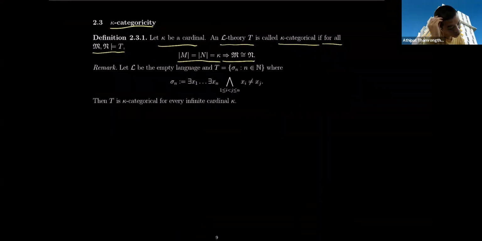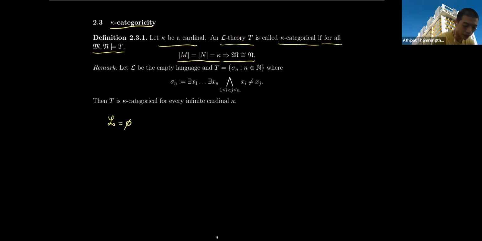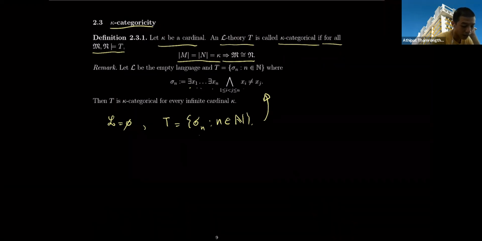Here you can consider the empty language, right? L is equal to the empty language. And you can consider this statement. T is {sigma_n : n a natural number}, where sigma_n is the statement that says there exist x1 up to xn such that xi is not equal to xj.